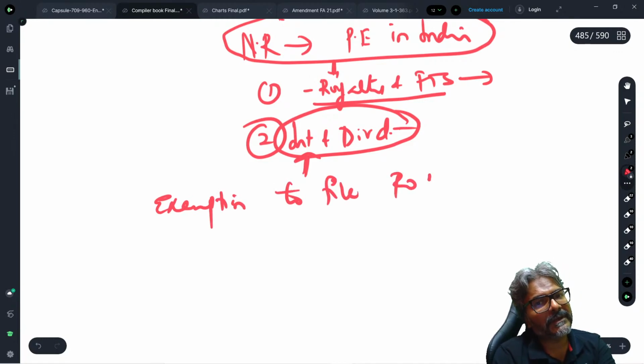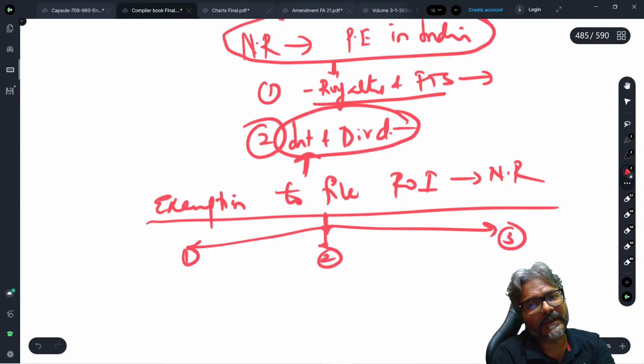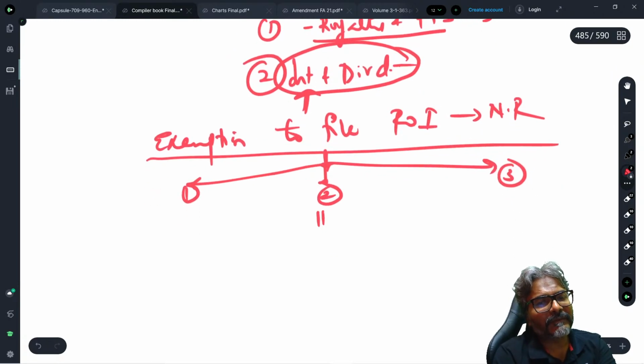There are exemptions to file the ROI by the non-resident. If you see therein, there are three cases of exemption, the prominent cases of exemption to the non-resident. One is about this 115BBD.